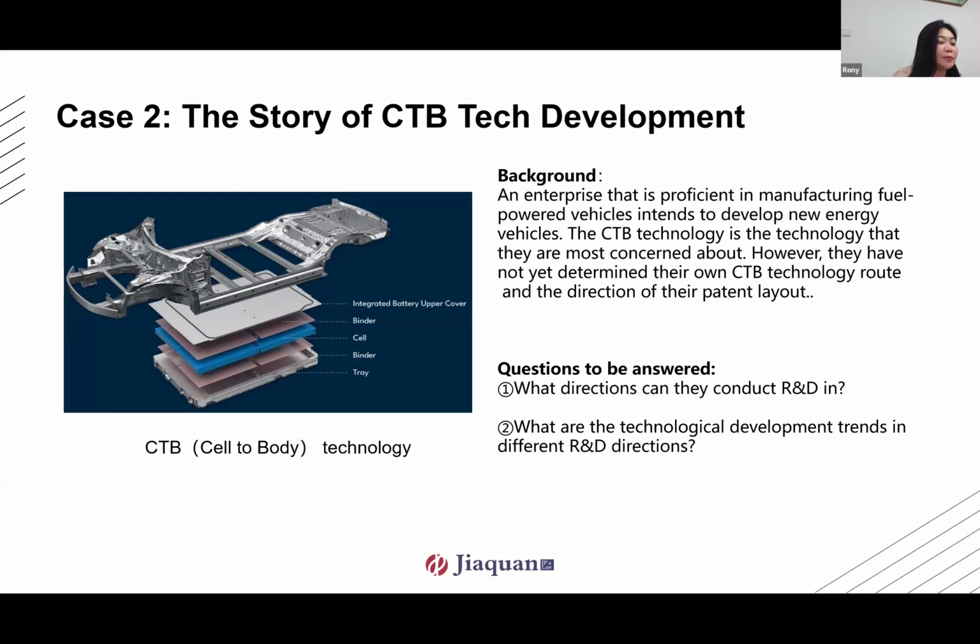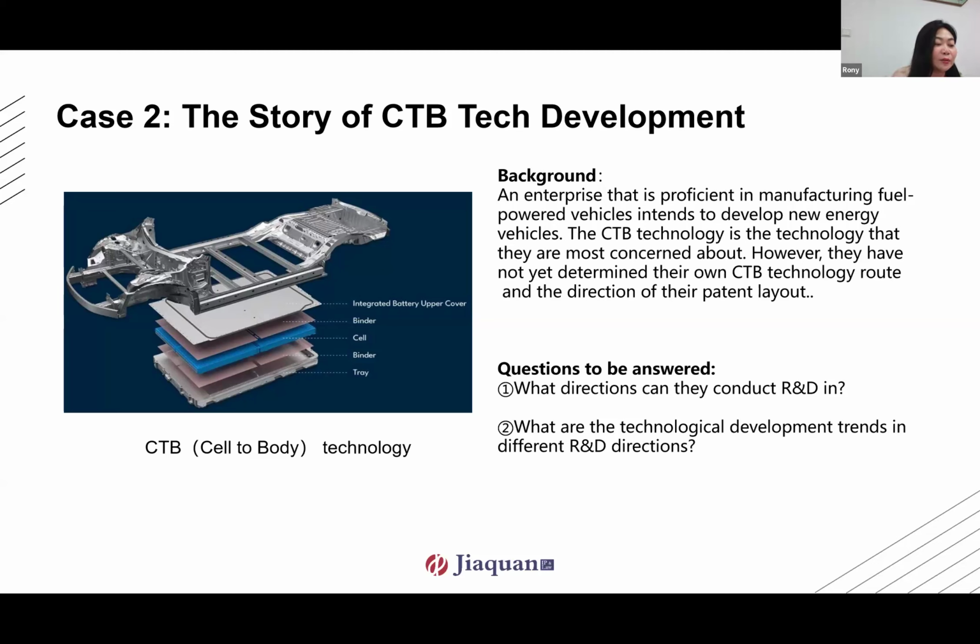My client is a very mature automobile company in the gas field. But in the past 3 years, it has gradually been developing its new energy vehicle models, and it is very interested in the C2B technology. Since they don't produce batteries, the key point of their R&D is still on the C2B technology itself.